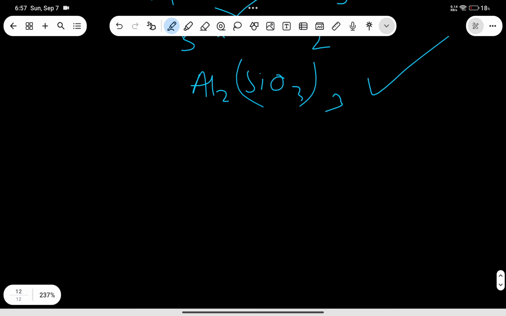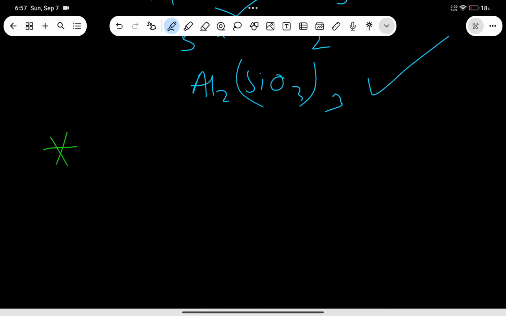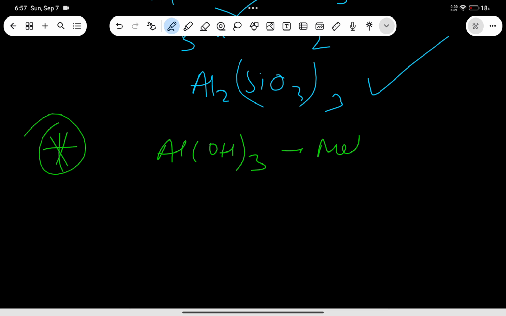Okay, guys, one last thing, the tip points. I have to tell you so many tip points, so be ready. The first tip point: Al(OH)3 can also form a meta acid. It is a hydroxide, but it can form a meta acid, and the meta acid would be AlOOH.